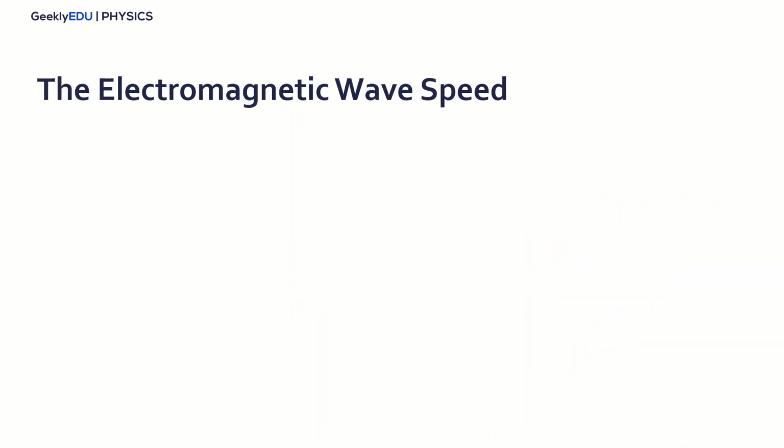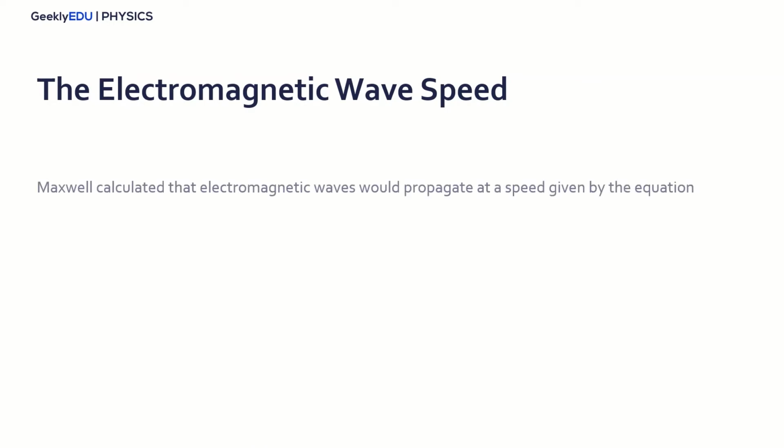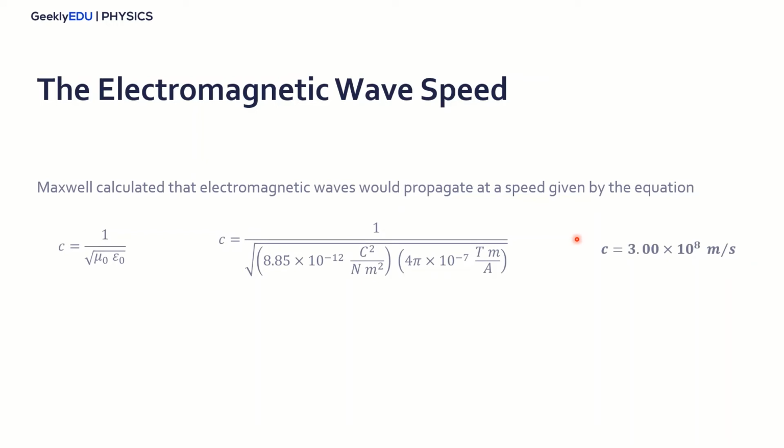By using his equations, Maxwell was able to calculate the propagation speed of an electromagnetic wave using this expression: it's basically 1 over the square root of the permittivity times the permeability of free space. He found that the speed of propagation is 3 times 10 to the 8th meters per second, and that's exactly the speed of light.